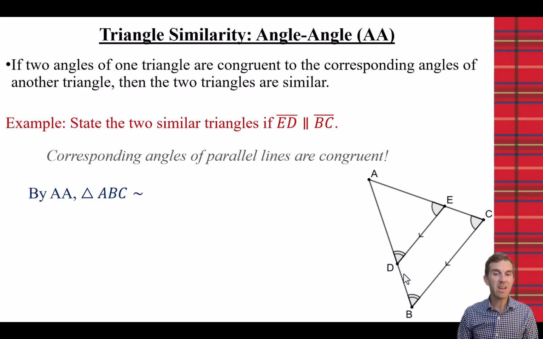And so by using angle-angle, I can say triangle ABC, that's my large triangle, is similar to triangle A, because I got to match up my angles, and then the corresponding angle to B is angle D, and the corresponding angle to C is angle E.